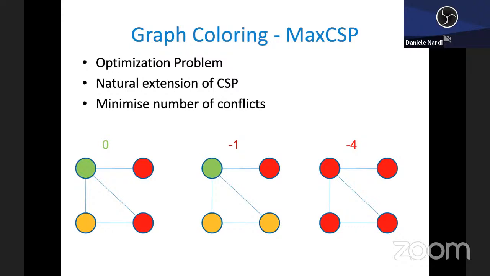You have -1 since there are 2 yellow neighboring nodes in this graph, and a final case where all the nodes are in red, and therefore there are up to 4 constraints that are not satisfied, and therefore a total cost of -4. Our DCOP solution should get us the solution with the 0 cost in this particular case.